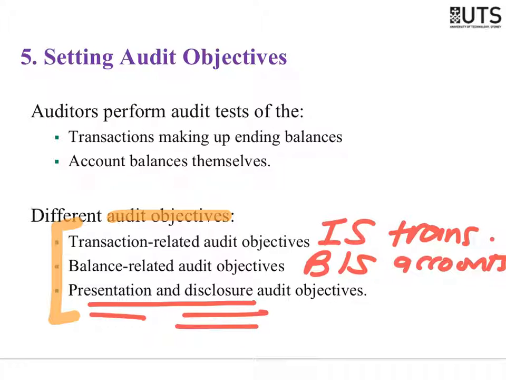Have all the disclosures that the Corporations Act or accounting standards required been included? So this one in particular focuses more on the words, okay, the written disclosures, but also the overall presentation of the report. So we will be looking at all 3, but our focus is on the first 2, and that's what I'm going to talk about today.